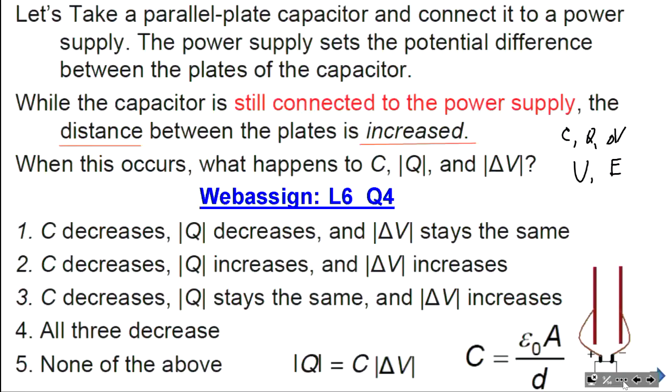But every time, there's at least one which definitely stays the same, remains constant. So in this situation, what do you think remains the same, no matter what we do? What do you think?